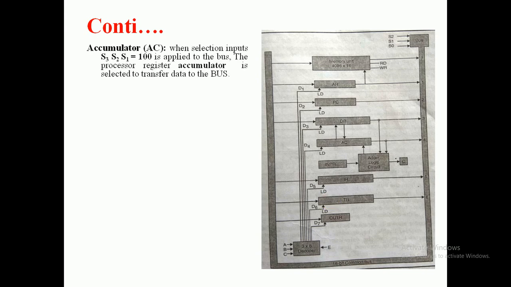Now the next function is the accumulator register, which is selected when the selection input combination is 1000. Then the processor register accumulator is selected for transferring the data onto the bus.